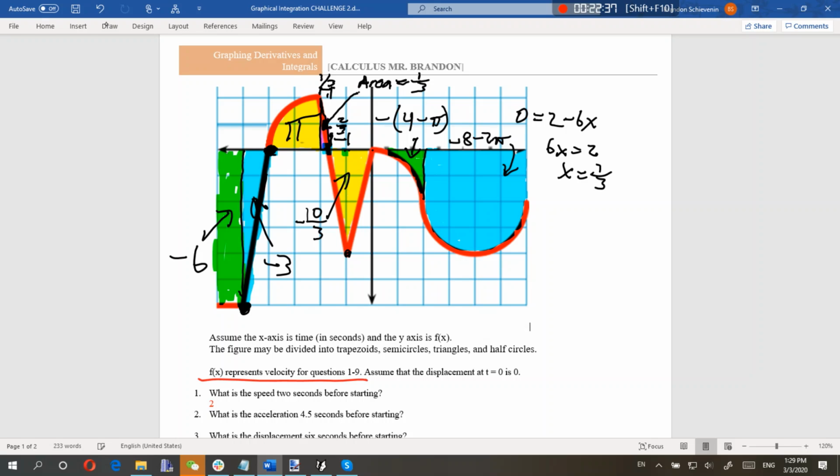This line here in black. What's the derivative at 4.5 seconds before we started? So right here in the middle, what's the slope? Okay, 6 is the slope, you're right. For all of the points on the line, the slope is the same. Since the derivative is a slope, we can just take the slope of the line.